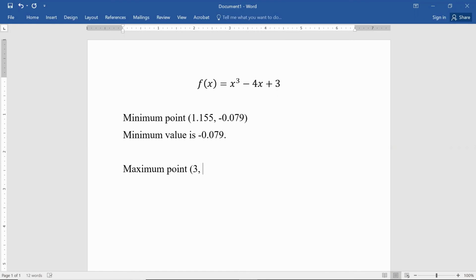We can find the y value if we want by just plugging in 3 into our f of x. So plug in 3 into the function f of x, and I ended up with a maximum point of 3, 18. That implies that the maximum value is 18.